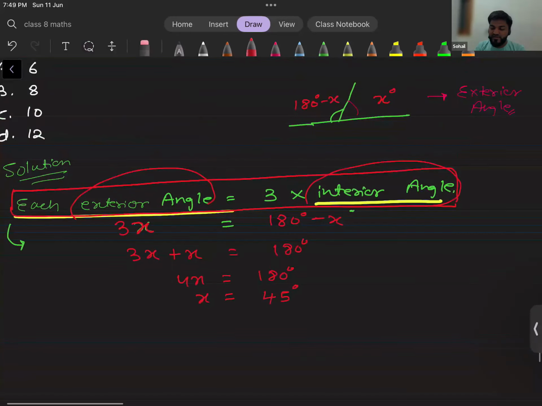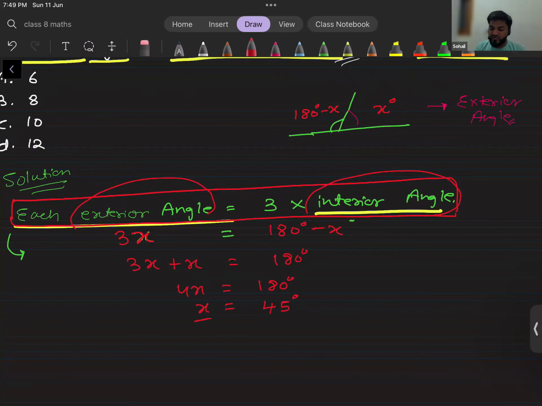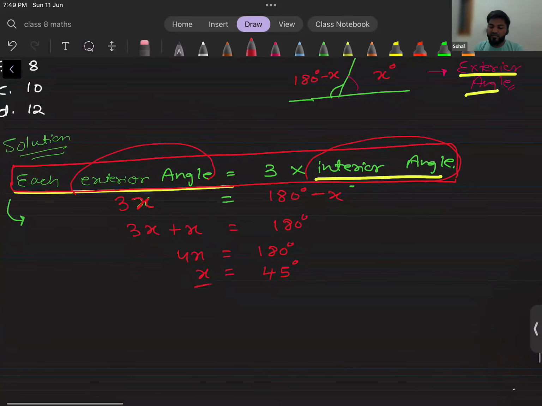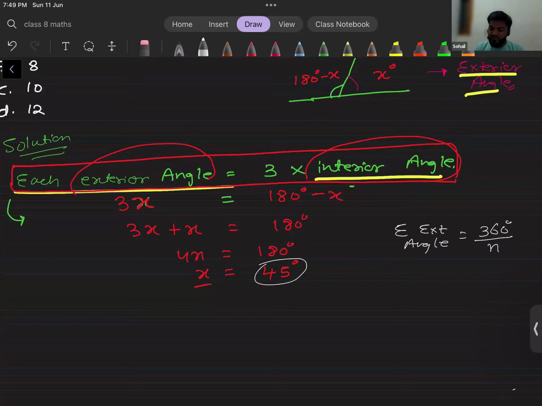So we assumed x as the exterior angle, and we have now got the exterior angle. Remember that formula, each exterior angle equals what? 360 degrees upon n, right? So now simply put this value over here and we will get the answer.